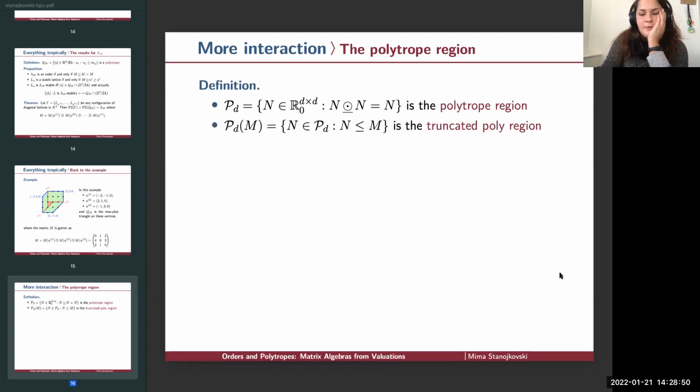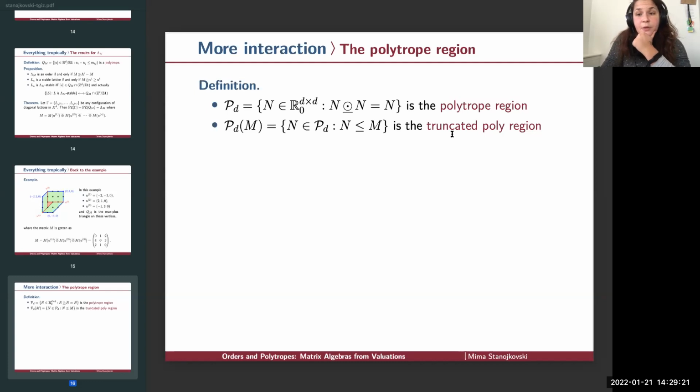And another thing we can do is, now that we know polytropes are important for understanding these stable lattices, we can also ask how many of these polytropes there are. So following Tran, we define the polytrope region to be the collection of matrices with zeros on the diagonal that are min-plus idempotent.